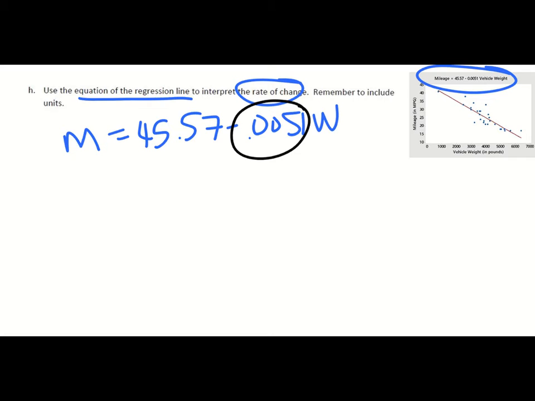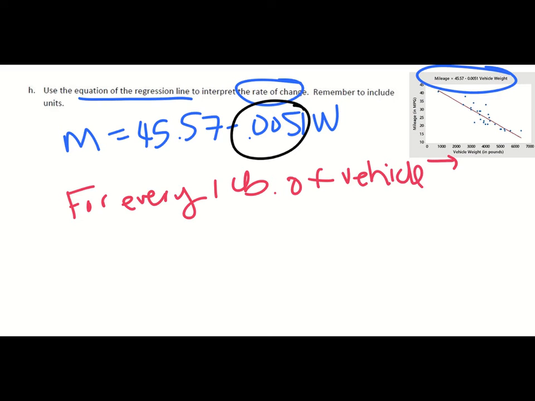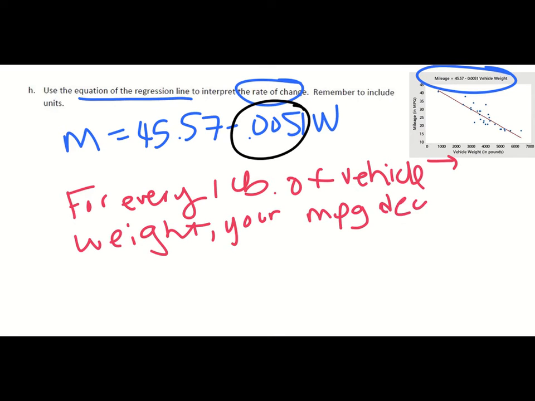So basically, for every 1 pound of vehicle weight, and this is a negative number here, your miles per gallon decreases, because it's going down, by 0.0051.